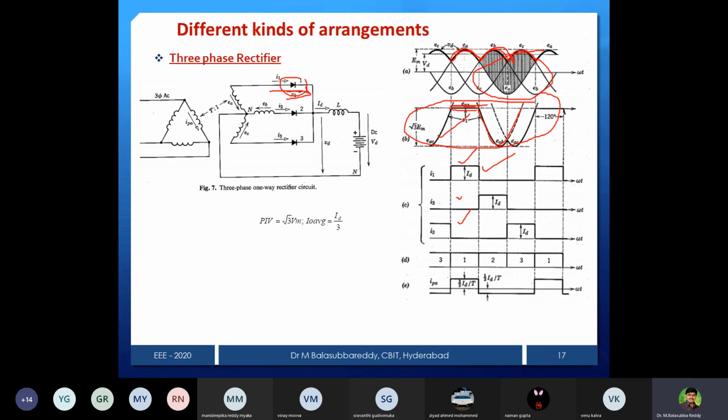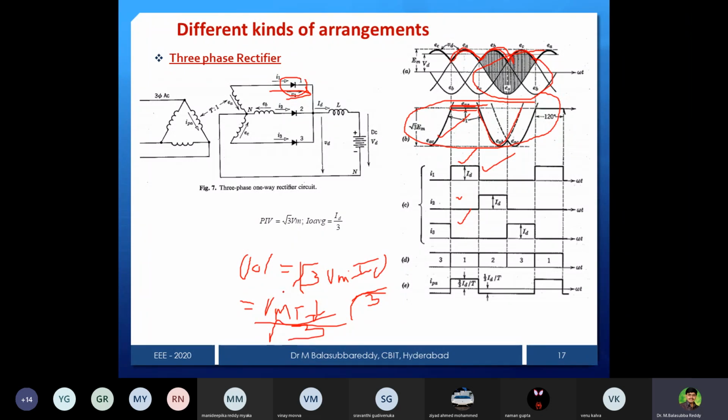So, valve rating. The peak inverse voltage is root 3 times Vm, and the load current is Id by 3. So the valve rating is equal to root 3 Vm into Id by 3, and the 3 will get cancelled, leaving root 3 in the denominator.